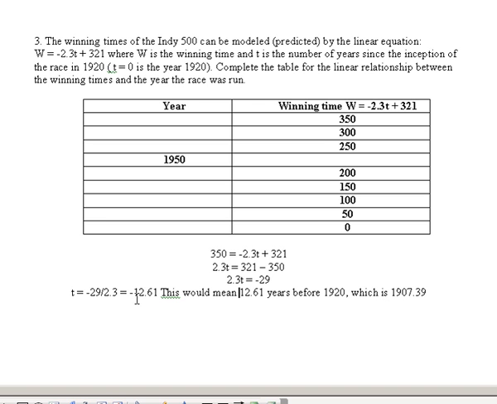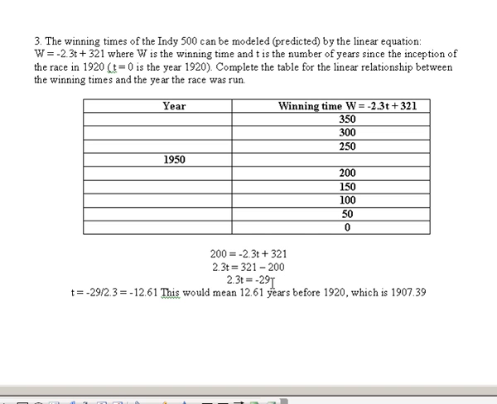And if this would have been a positive, then we would have just added it on. For example, if we would have done this problem here where we're trying to find out what year the winning time is 200, well, we would have substituted in the 200 for the W right there, taking the negative 2.3t to the other side, making it 2.3t, and subtracting the 200. So let me subtract the 200 right here.